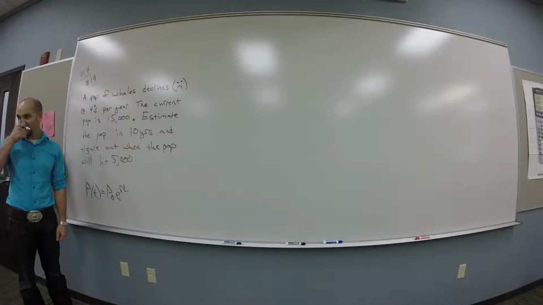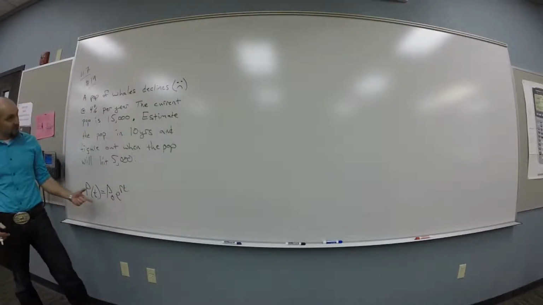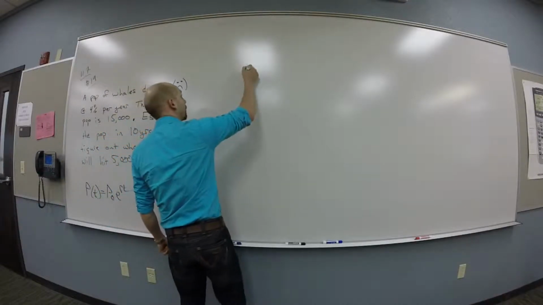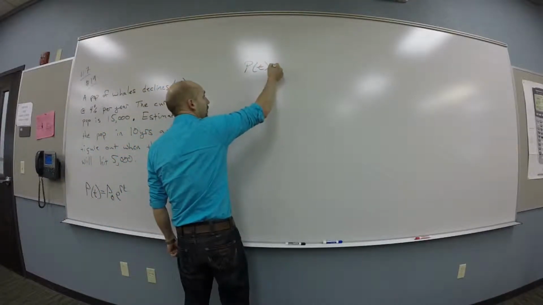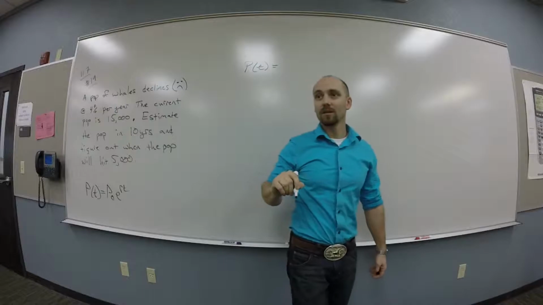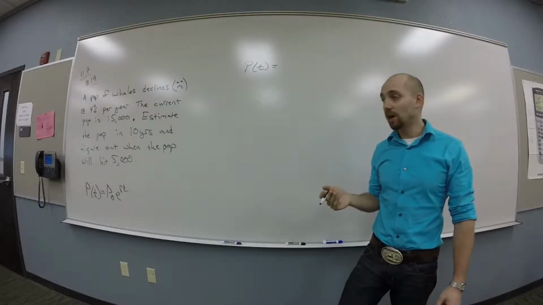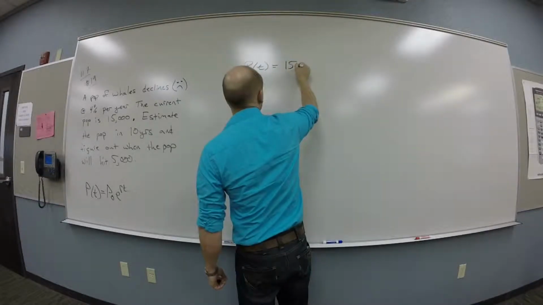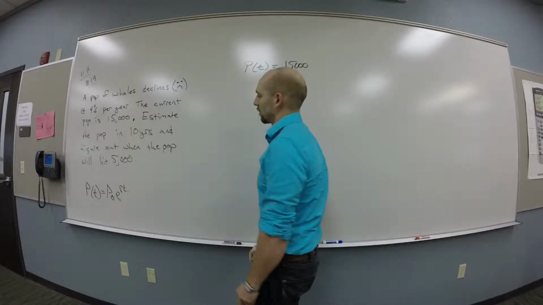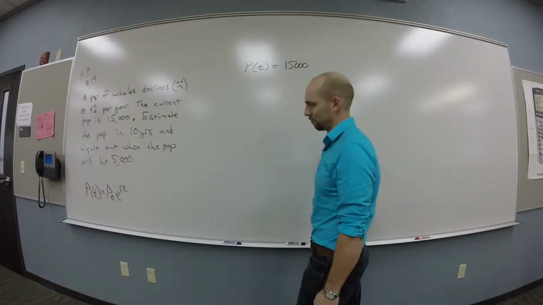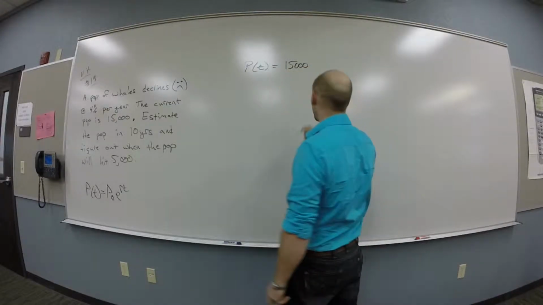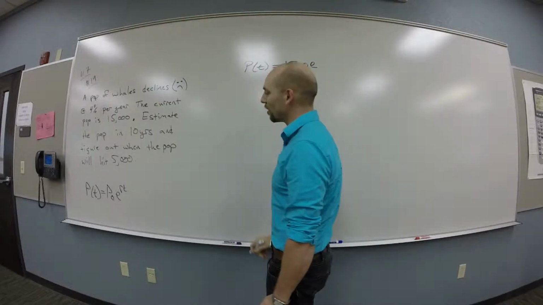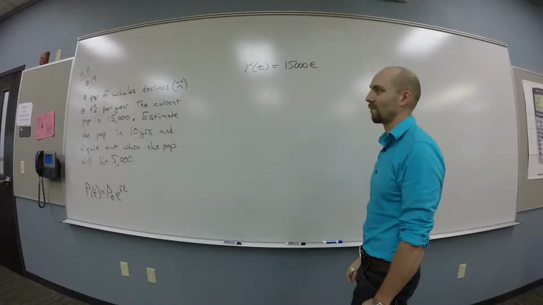Now I should try to fill in some stuff. What do I know about my model? Well, I know the current population is 15,000, so P0 is 15,000. We know our rate, it's negative 4%.